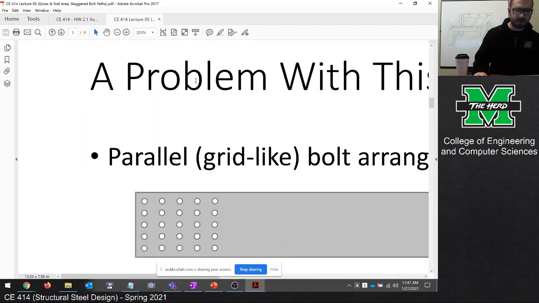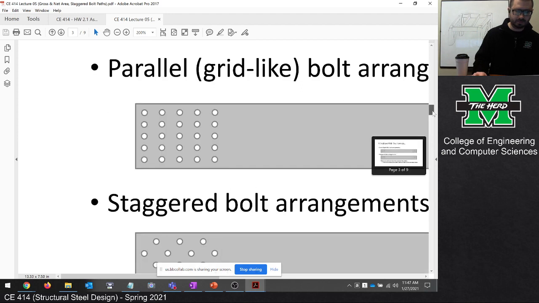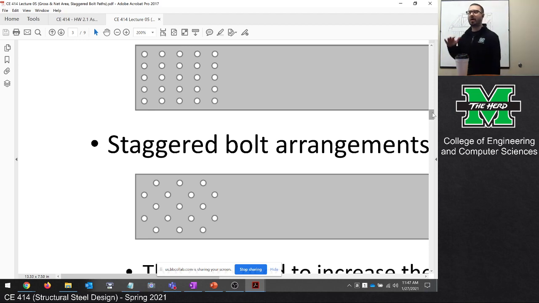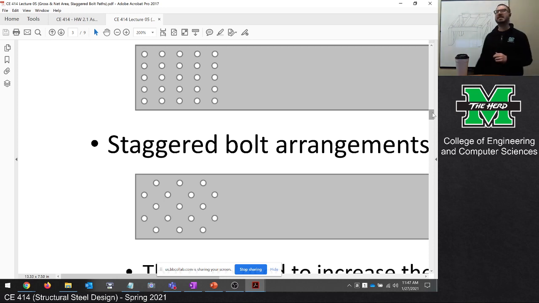How do we deal with this problem right here? So today, we only dealt with sections that looked like the one on the top, where the bolts were in a grid-like sort of rectangular or parallel pattern. What about when they're staggered, like what you see down below?